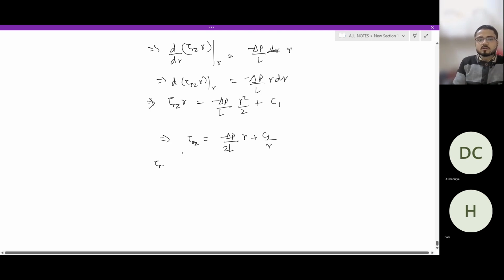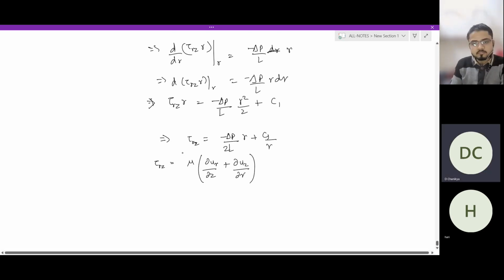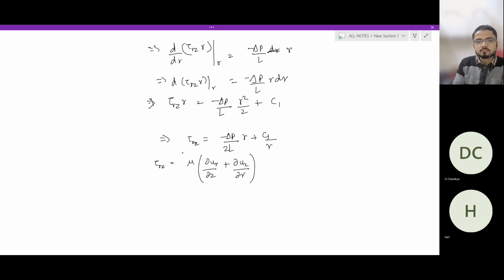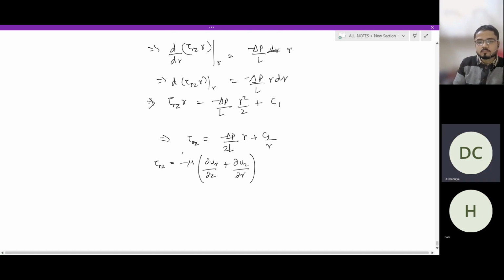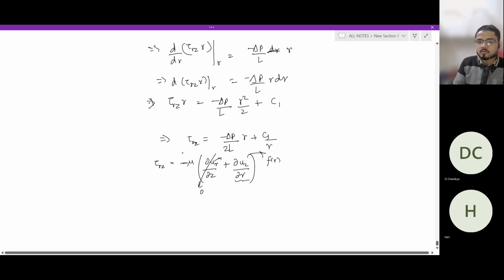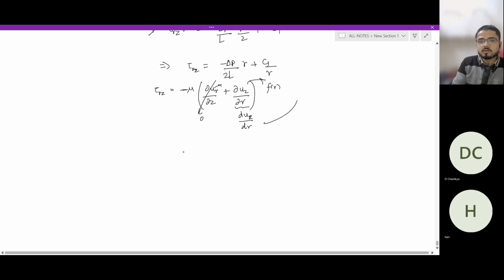Now, you might have also learned that tau RZ is equal to minus mu times (del UR over del Z plus del UZ over del R), with a negative sign here. You already know that this is 0 because UR is 0. And UZ is a function of R, right? So this partial derivative can be converted into d UZ over dr. So substitute this right here.